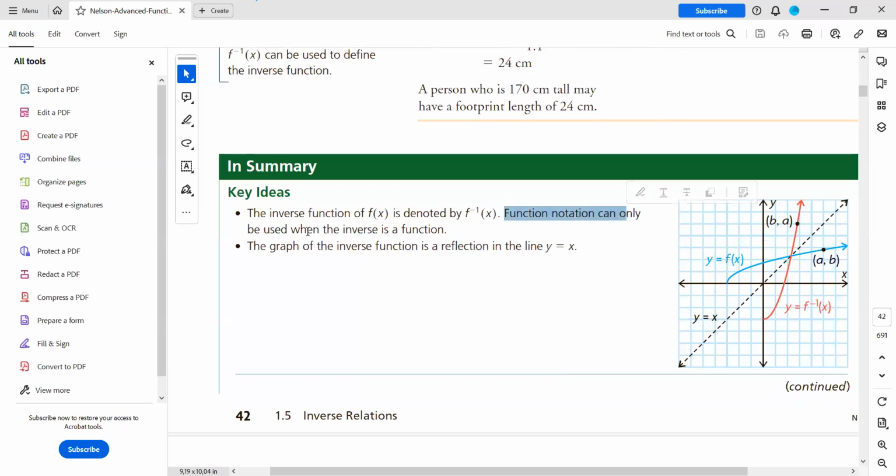Function notation can only be used when the inverse is a function, right? Remember that inverse of quadratic function is not a function, but can be split up in two different functions. The graph of the inverse function is reflected in the line y equals x at 45-degree angle like this.